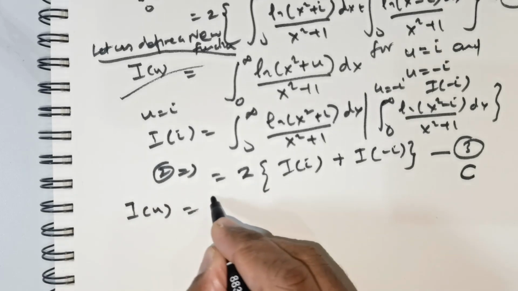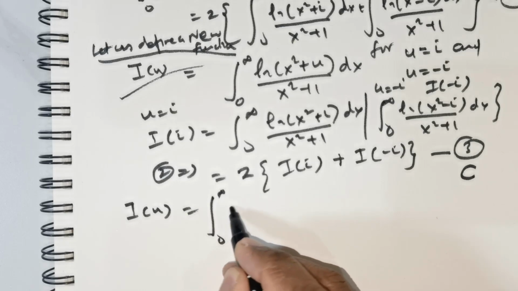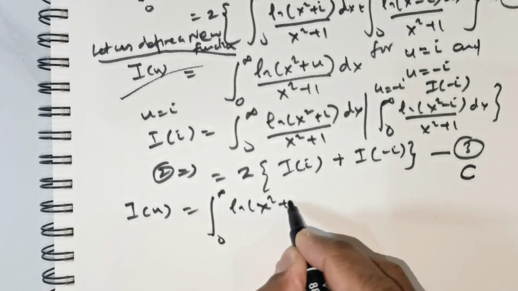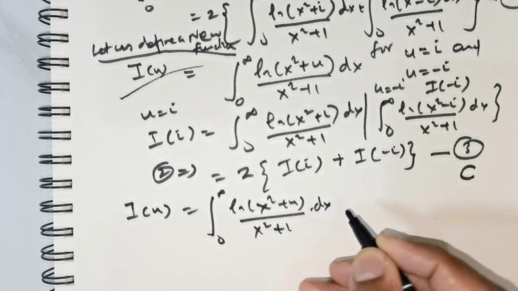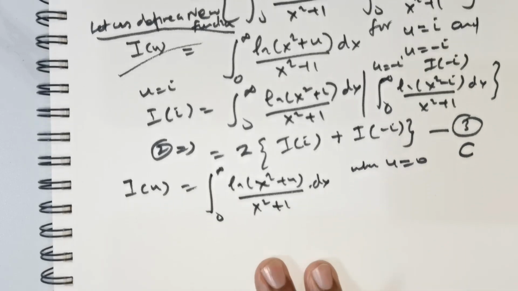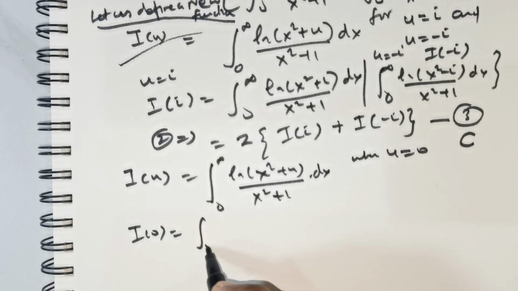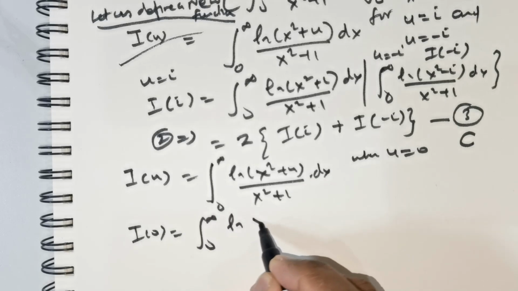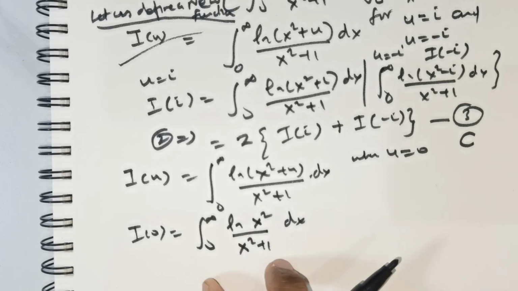I(u) is equal to the integral from 0 to infinity of ln(x² + u) over (x² + 1) times dx. When u is equal to 0, I get I(0) equal to the integral from 0 to infinity of ln(x²) divided by (x² + 1) times dx. This is what I've got.